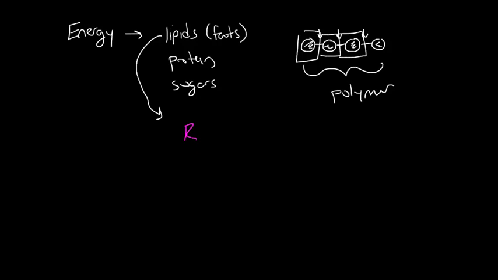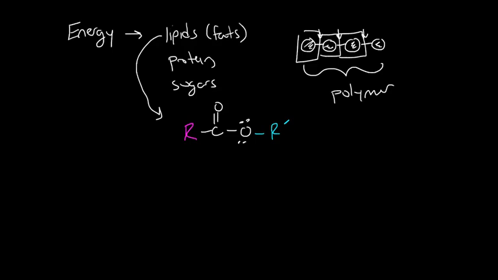This R is linked together with another R group through an ester linkage. Let's make the other R group a different color. So here we have R prime, indicating this is a different carbon chain. So we build up large molecules of fat linked together through this ester linkage.